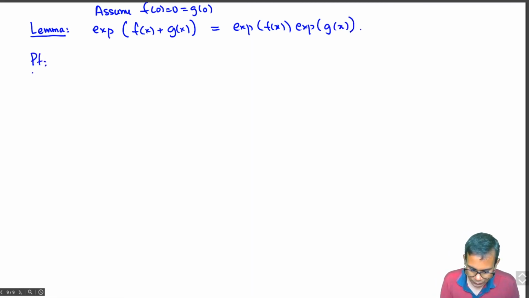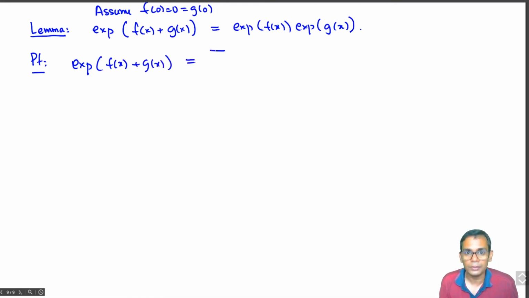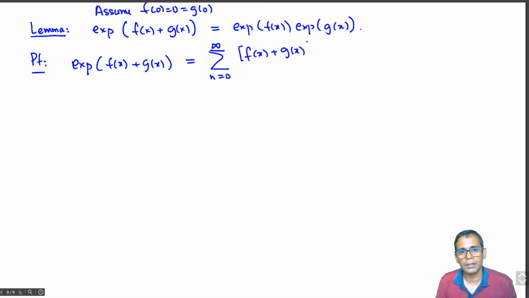Let's prove this. We'll start with the left hand side. Exp of f(x) plus g(x), by definition, is equal to the sum as n goes from 0 to infinity of f(x) plus g(x) raised to the power n divided by n factorial.